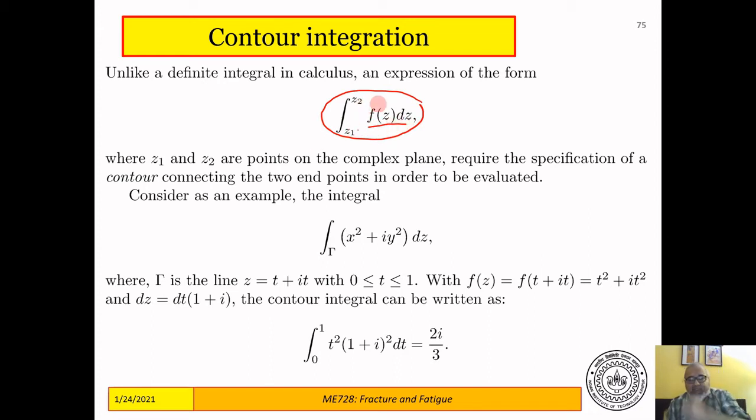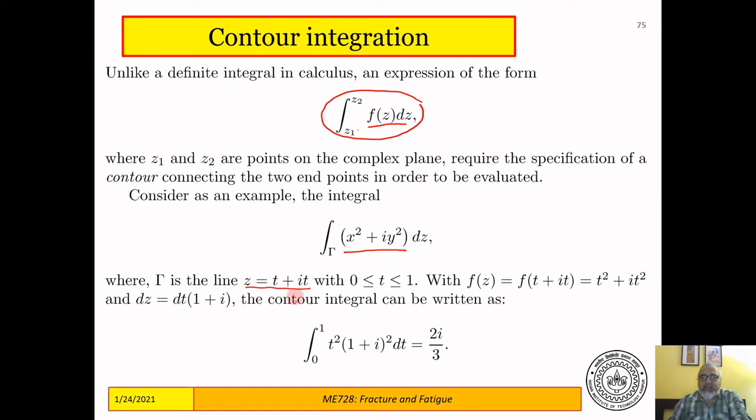But in case of a complex variable, I need to be told what is the path by which I go from z1 to z2, which is not the case for a definite integral that you do in calculus. So suppose I am given this function. This is a complex function, and I want to integrate it along this path, from t equal to 0 to 1. That's what I want to do.